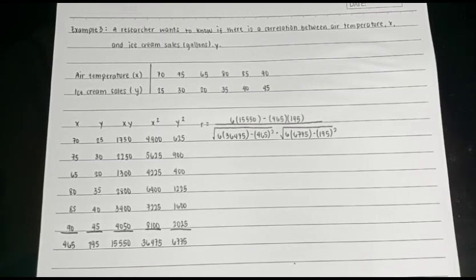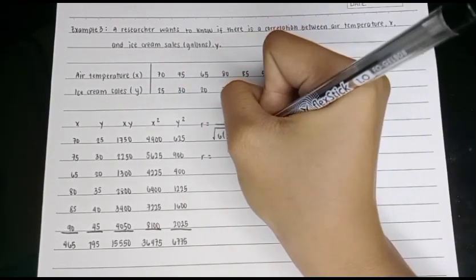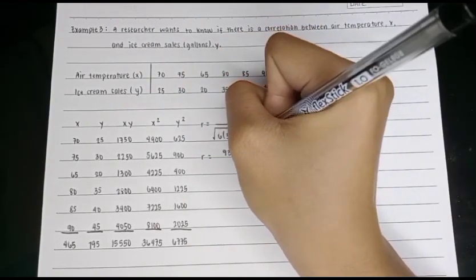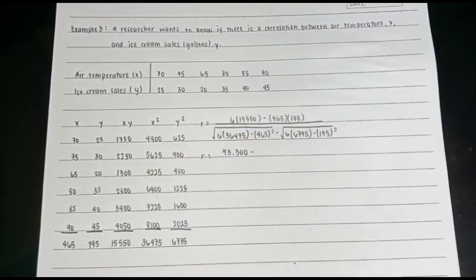So 6 times 15,550 is equal to 93,300. Then, 465 times 195 is equal to 90,675.